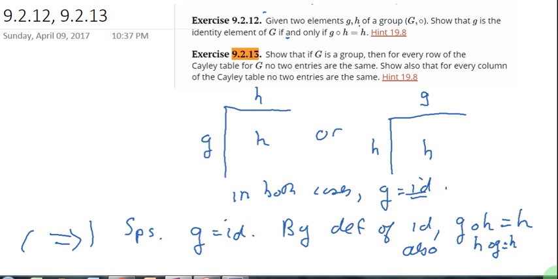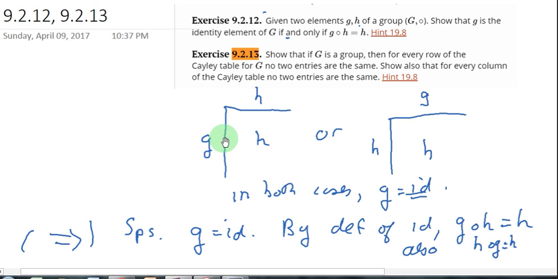This one says, show that if G is a group, then for every row of the Cayley table for G, no two entries are the same. That means every entry, if you look at one row and you look across the row, every entry must be different.